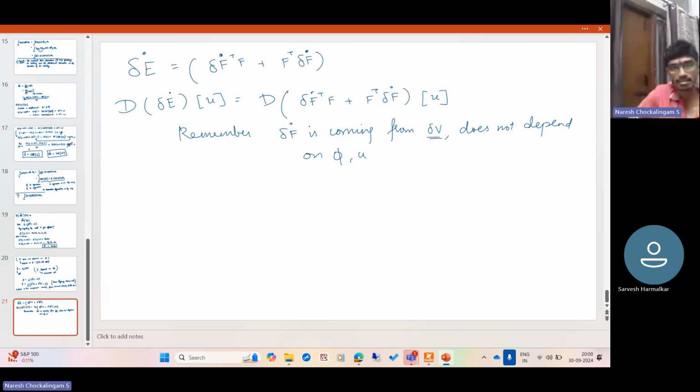Therefore, if you take this and apply the chain rule for the directional derivative, this is equal to del F dot transpose dF in the direction U, plus dF transpose in the direction U acting on del F dot.